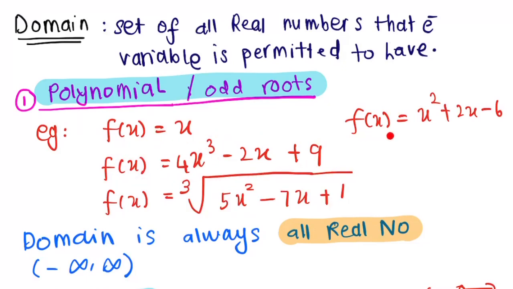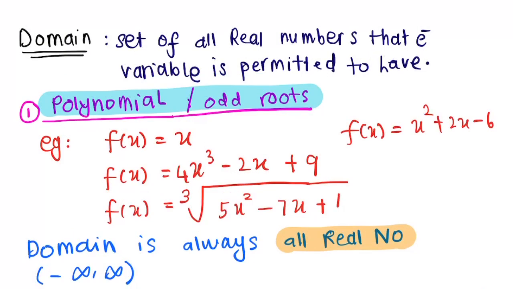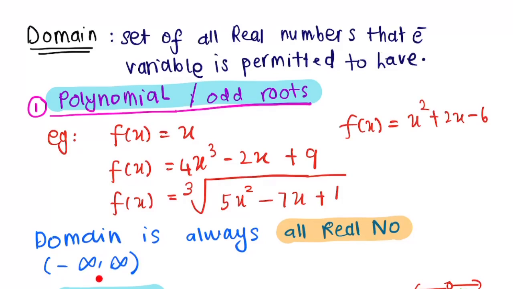And for example, this one, f(x) equal to x squared plus 2x minus 6, this is also a polynomial because you have a positive integer as your highest power. So for all these cases of polynomial, the domain is always all real numbers. Your domain takes values from minus infinity until infinity.